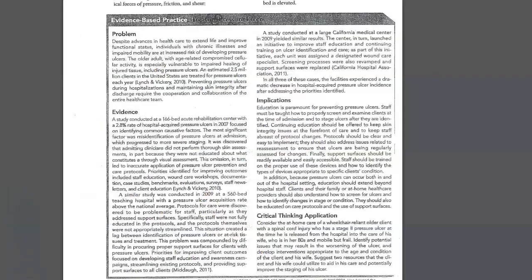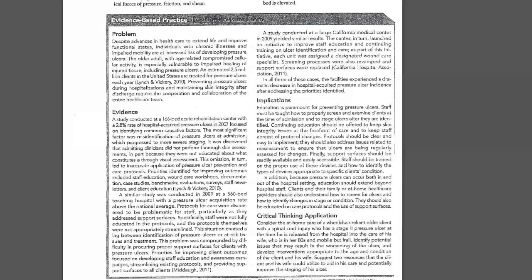All right, what I have up here is just an evidence-based practice report on pressure ulcers. And it just talks about stating the problem: despite advances in healthcare to extend life and improve functional status, individuals with chronic illnesses and impaired mobility are at risk for developing pressure ulcers.